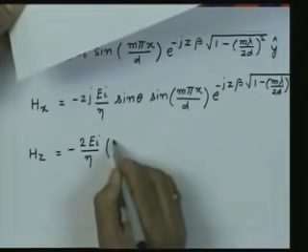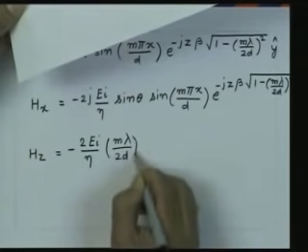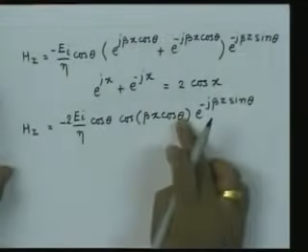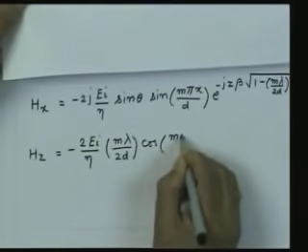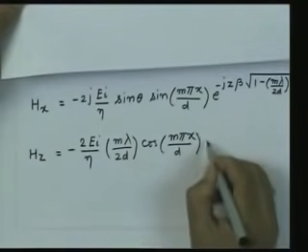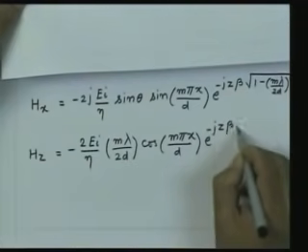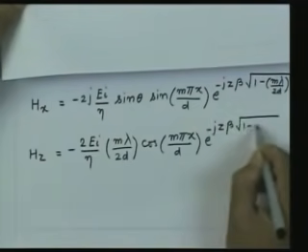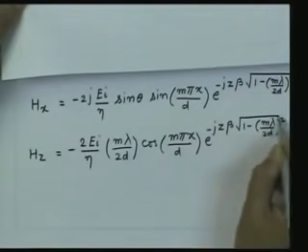So, this is m lambda upon 2d times cos of m pi x by d, and this term is same, e to the power minus j z beta square root 1 minus m lambda by 2d whole square.